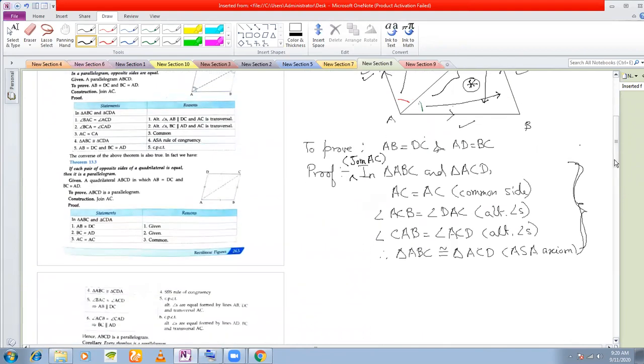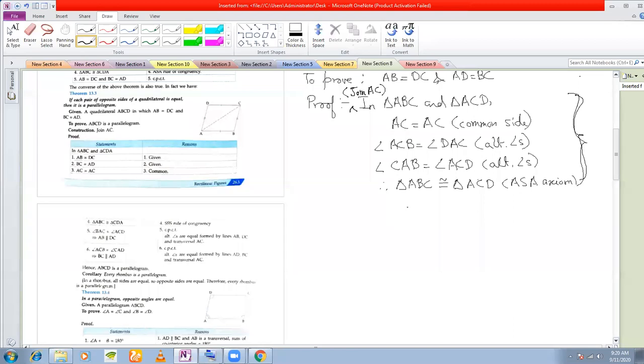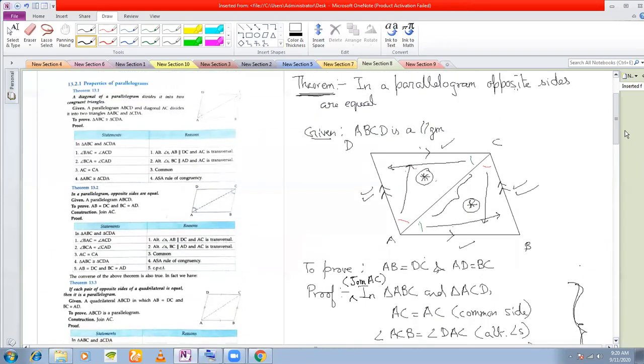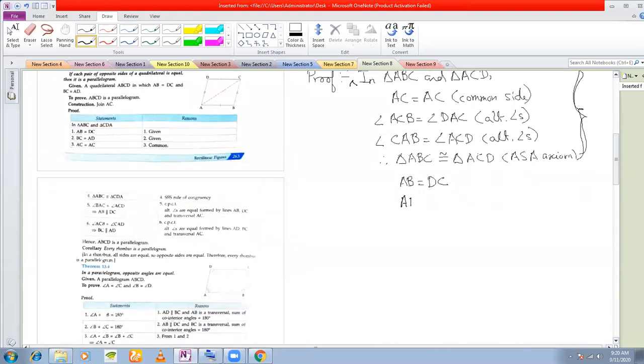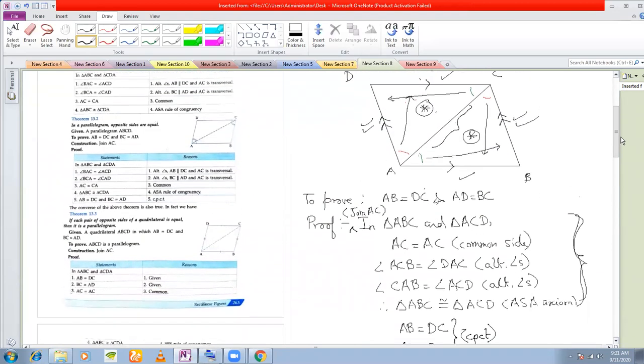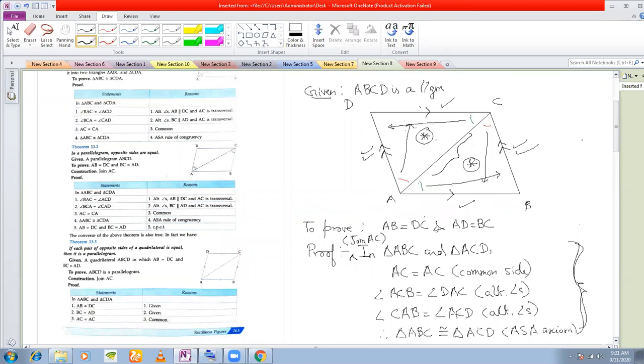You have to prove the two triangles to be congruent, and here you just have to add AB is equal to DC and AD is equal to BC. This is by CPCT. So the proofs of these two theorems are exactly the same.